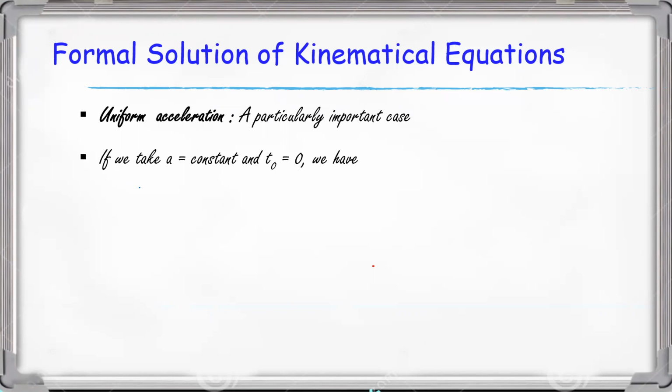The first expression, for velocity, is v of t equal to v0 plus the integral from t0 to t of a of t dash dt dash.